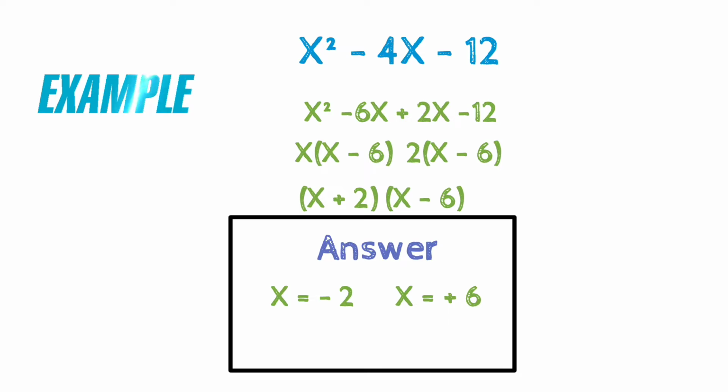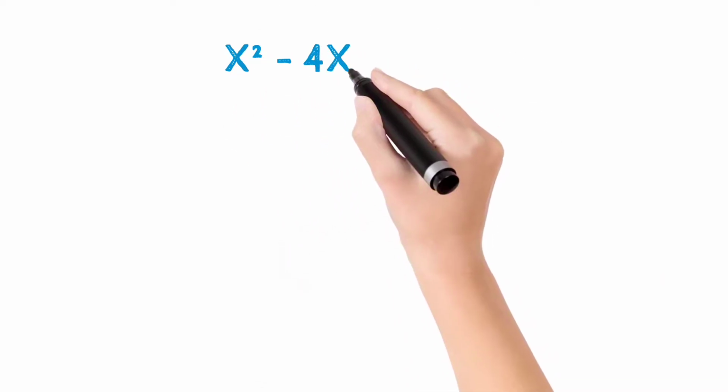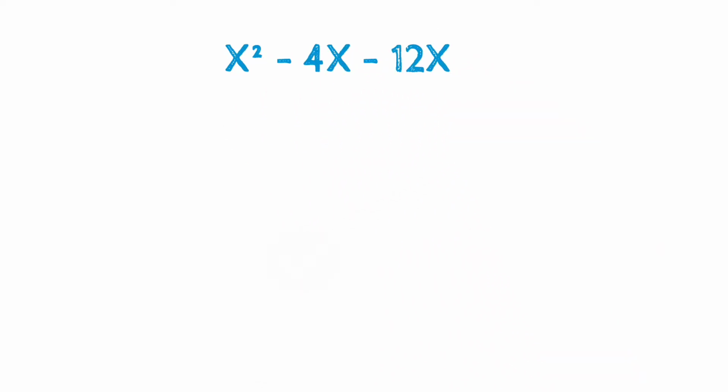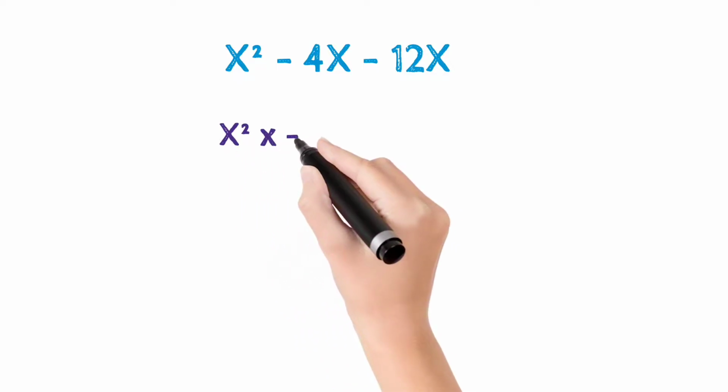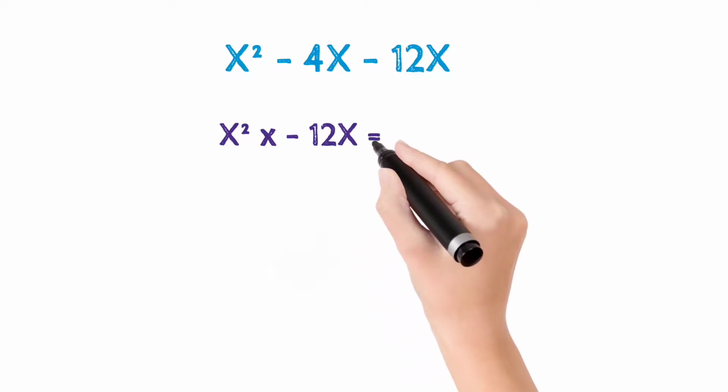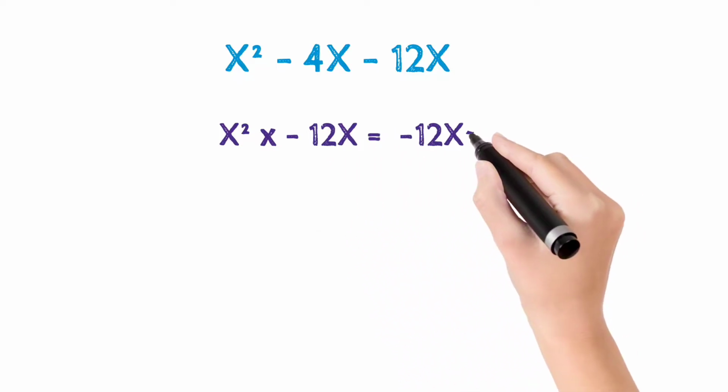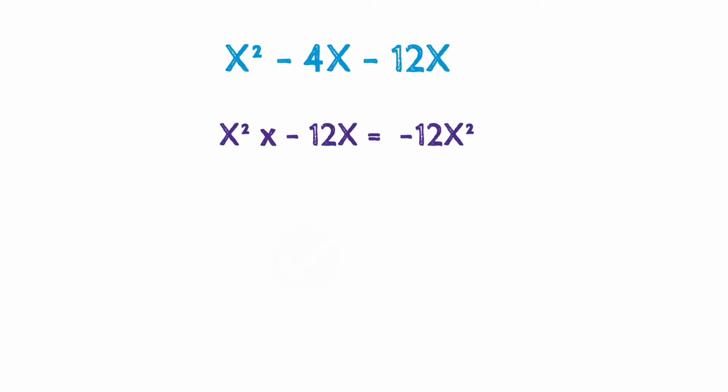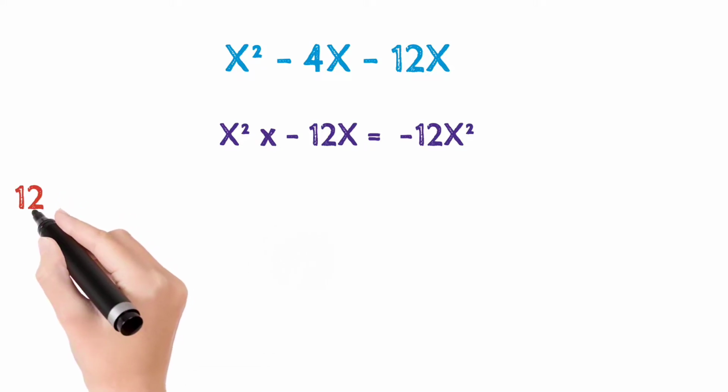Now let's move forward into why I chose those two middle terms. This is again the same question, x square minus 4x minus 12. Our first thing is to multiply x square into minus 12, which will lead us to minus 12x square.